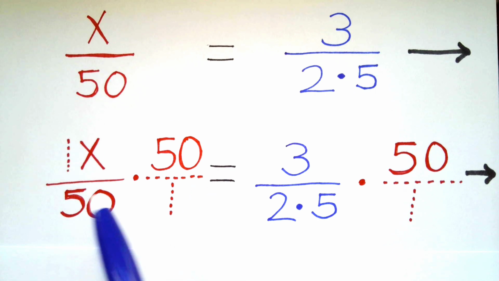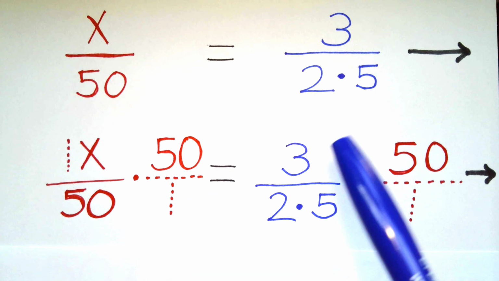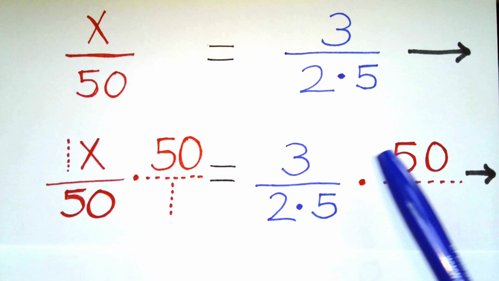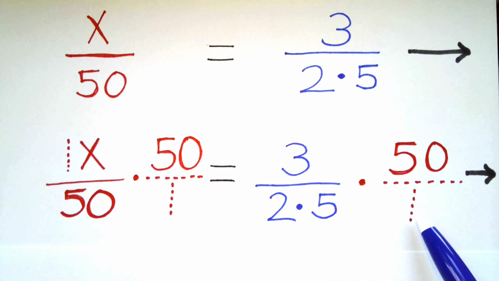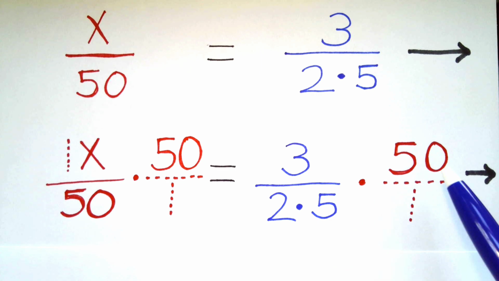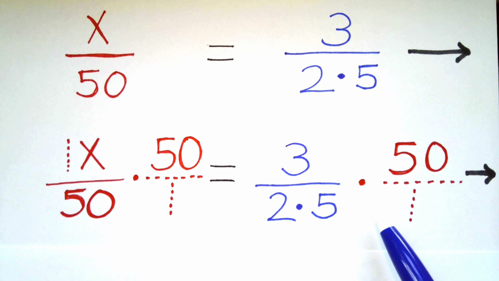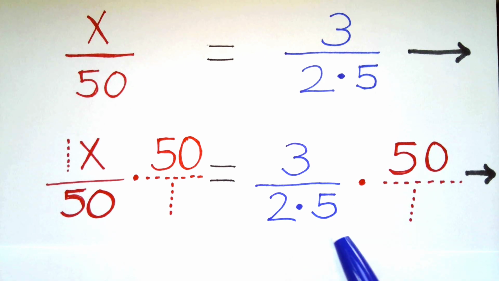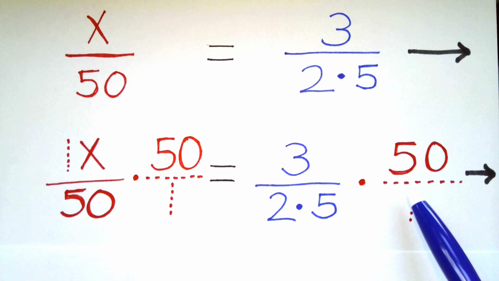Now that's the left side of the equal sign. Let's simplify the right side of the equal sign. Again, when you multiply fractions, you multiply top to top and bottom to bottom. I'm just showing my invisible 1 to clarify a lot of things that confuse people in mathematics, right? So 50 times 3, over 2.5 times that invisible 1.